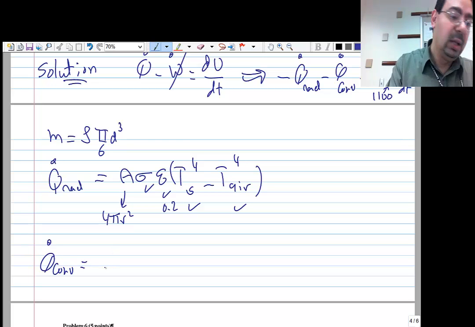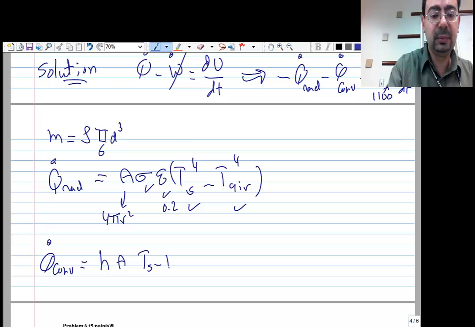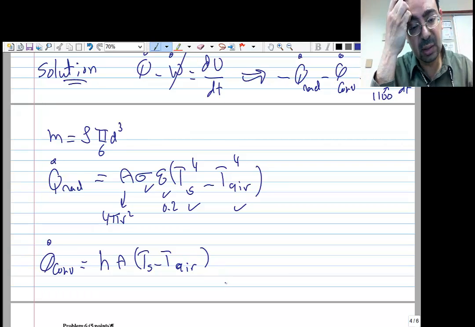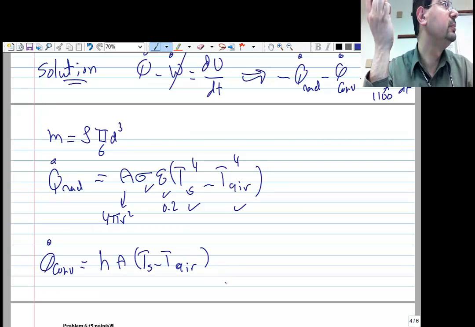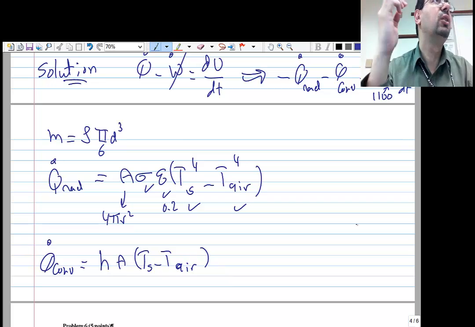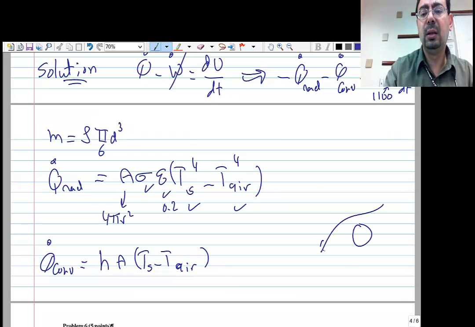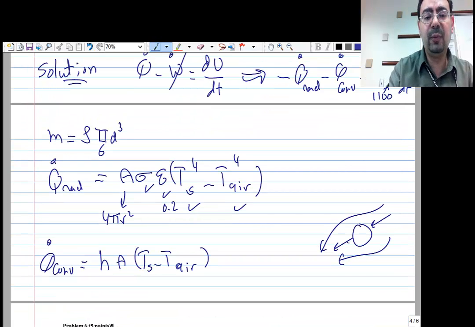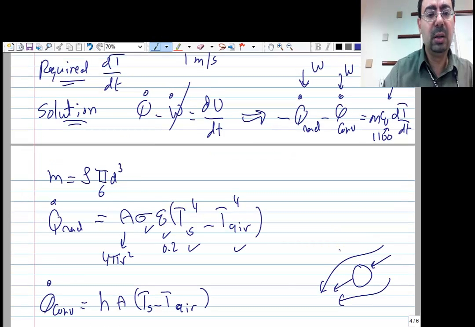So Q convection would be H A multiplied by Ts minus T infinity, or Ts minus T air. How can I get my H? For convection over a sphere, the H comes from a Nusselt number.